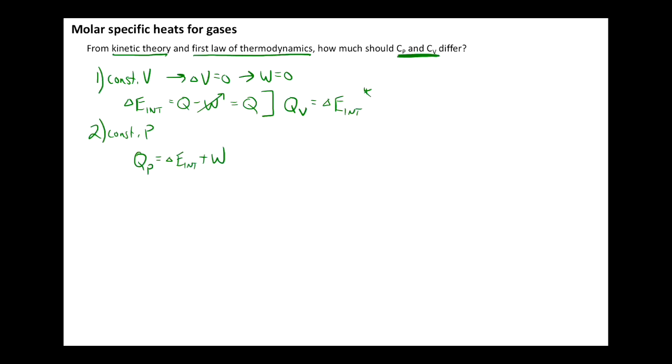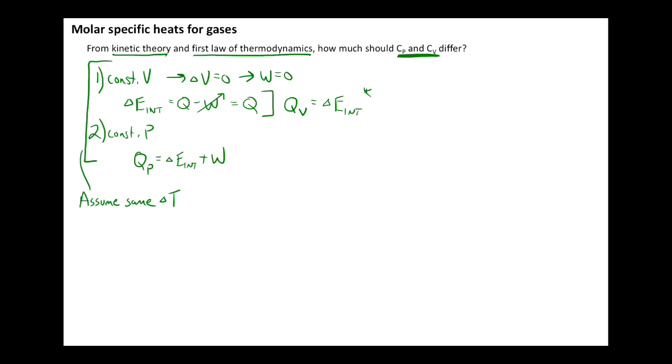In the case of constant pressure, work is being done and temperature is changing. Both of these are happening if you just go back to a couple of slides and see what we said back there. And now let's assume that for these two processes, we are going to have the same change in temperature. And let that link the two processes and see what we can determine about the difference between them.